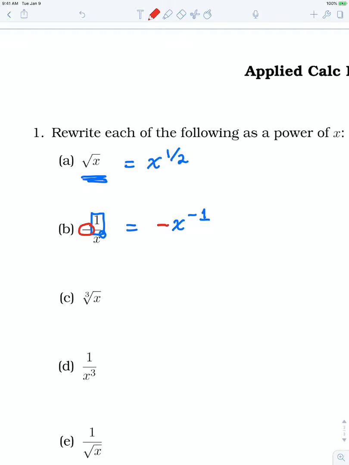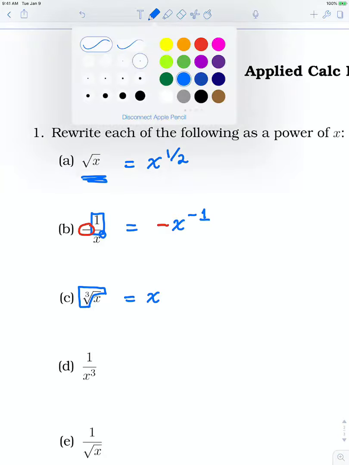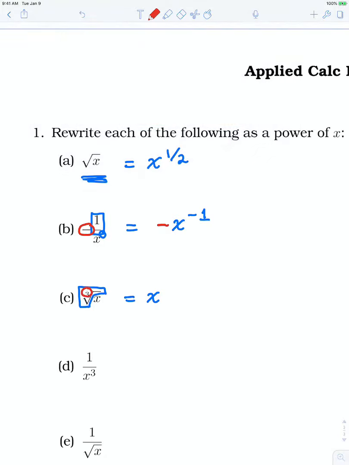Okay, next up is the cube root, and this works a lot like the square root. So again, you look at the root part, and that part is going to give us a fractional power of x. You ask yourself what should be the power, and you look at the 3, and so because of the 3 there, it should be 1/3 for the power. So again, the 3 on the root gives us the 3 over on the right hand side, but the fact that it is a root gives us the fractional power.